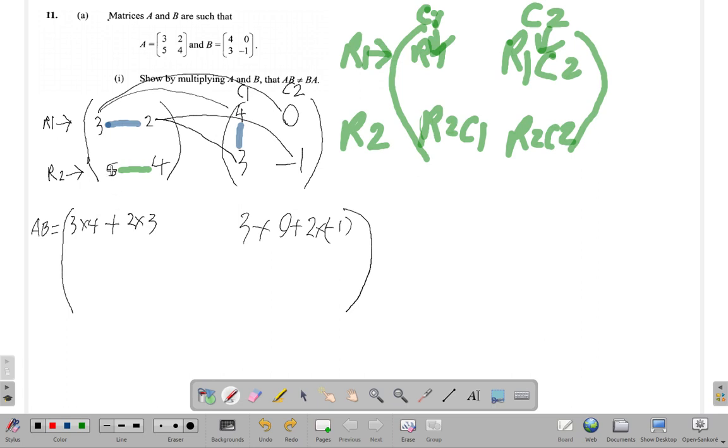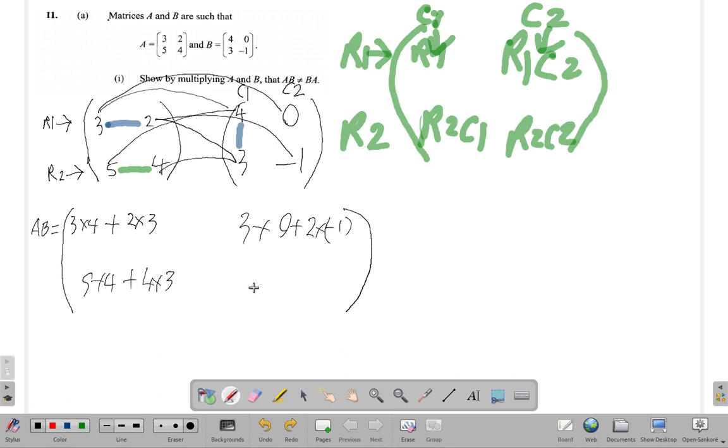So the first elements in row 2, column 1: first is 5 by first in column 1, 4, 5 by 4, plus the second elements. 4 is the second element in row 2, and 3 is the second element in column 1. It's going to be 4 by 3. Multiply the seconds, so it's 4 by 3.